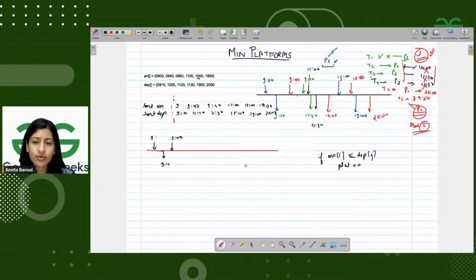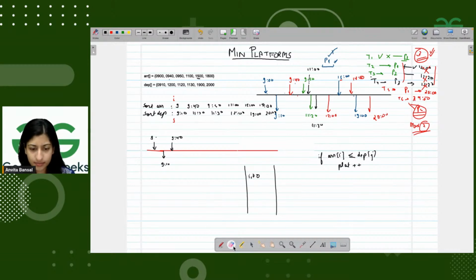Till now, there was no platform used. Now here I'm writing the usage of platform.